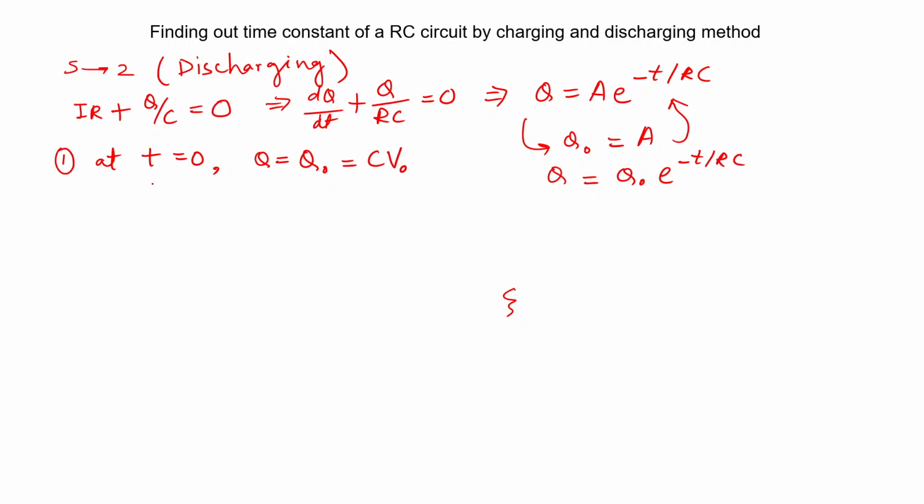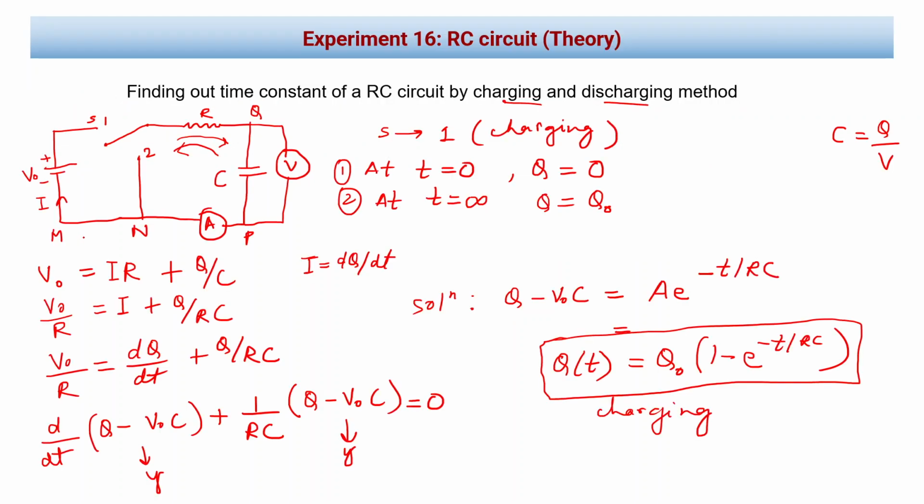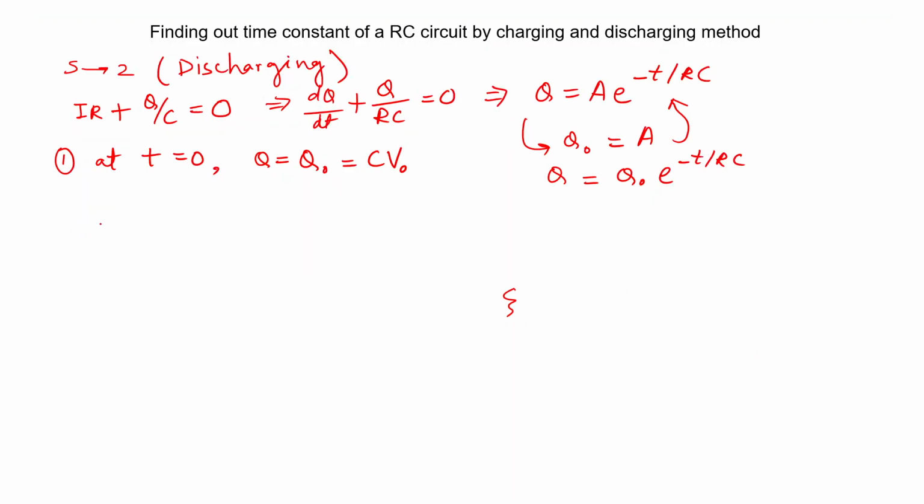Now, for the charging case also, we should have discussed what happens to the voltage variation or the current variation in the circuit when the capacitor is charging. So let's go to the charging condition.